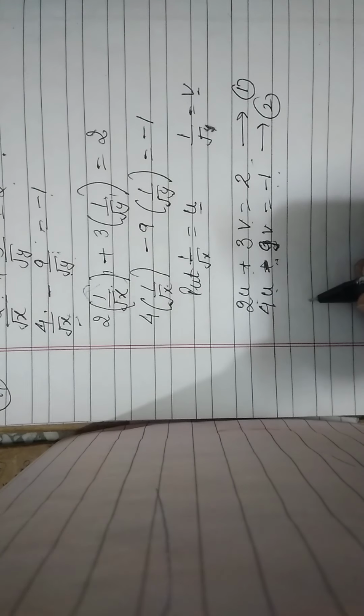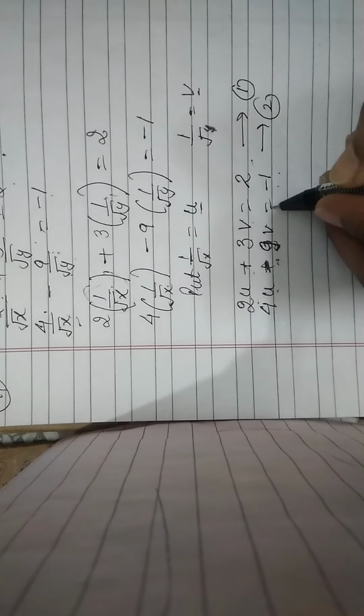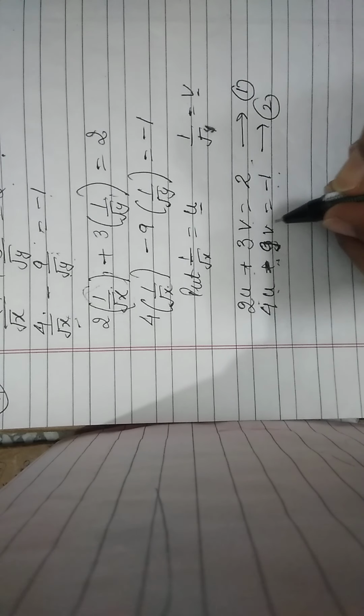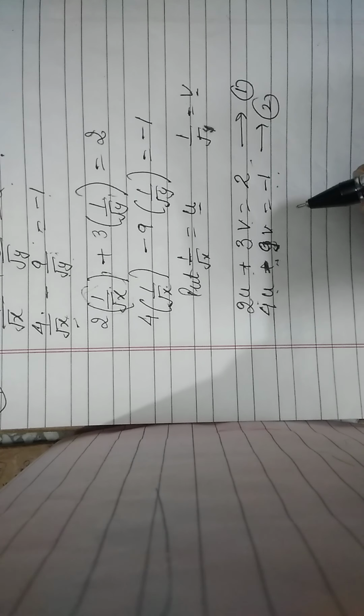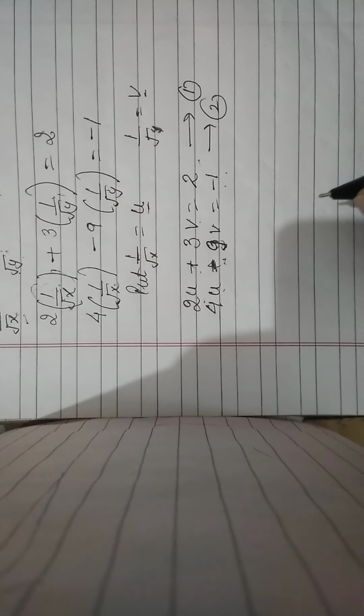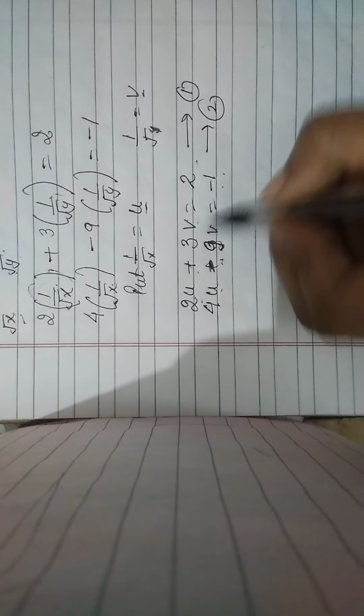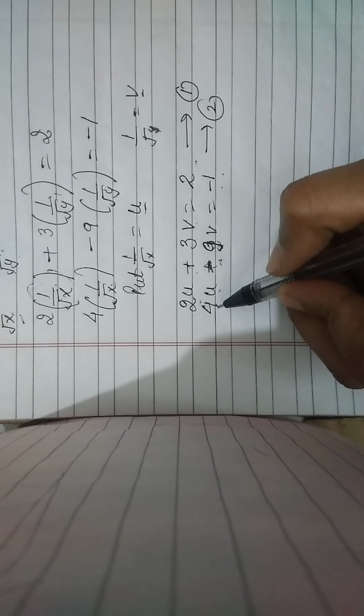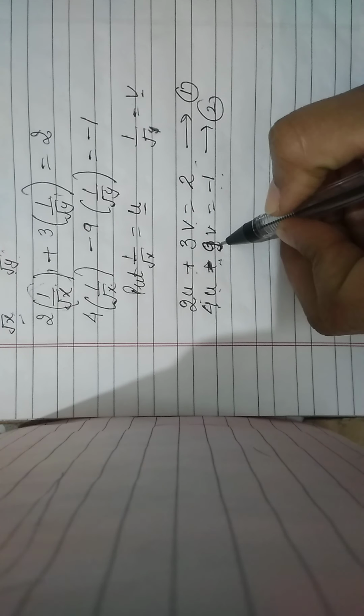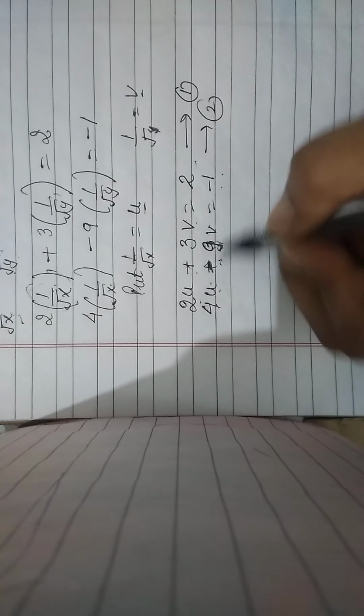Now in elimination method, we have to always make the coefficient of one variable numerically equal. Now observe from these equations. Here is 2, here is 4, here is 3, here is 9. We have to make only one variable numerically equal, either u or v.